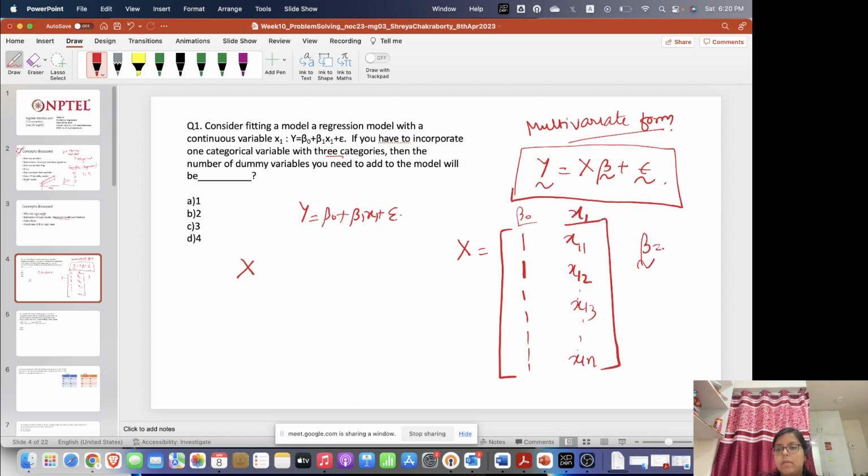If we write the beta vector as beta naught and beta 1, then X beta gives us this form.